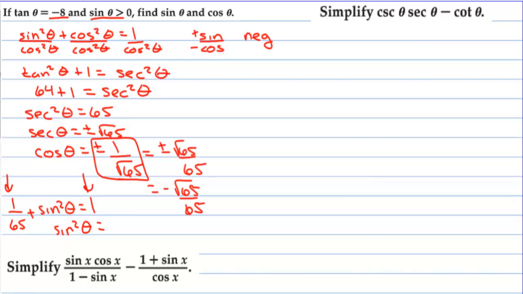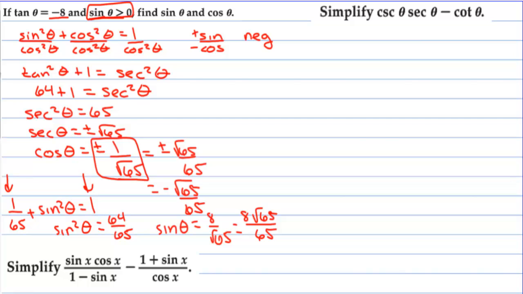Common denominator, that's 64 over 65. So sine now is equal to, not plus or minus because they tell me that sine's positive, positive 8 over square root of 65, which is 8 square root of 65 over 65. So I found the sine and I found the cosine. Sine's positive, cosine has to be negative.